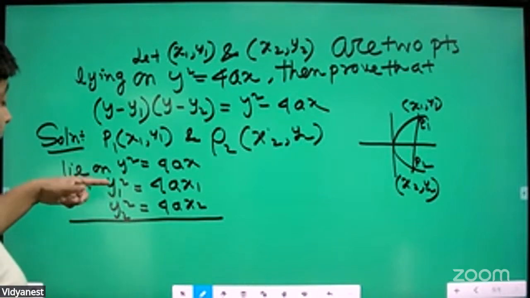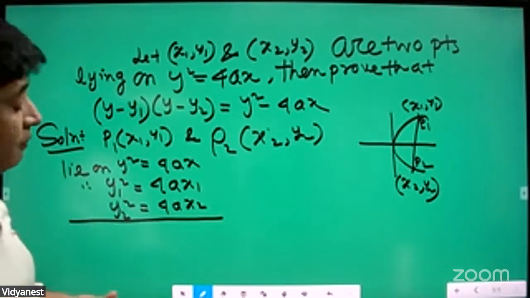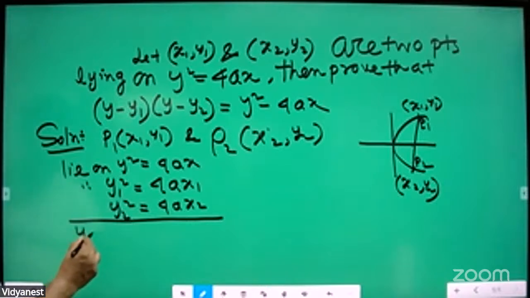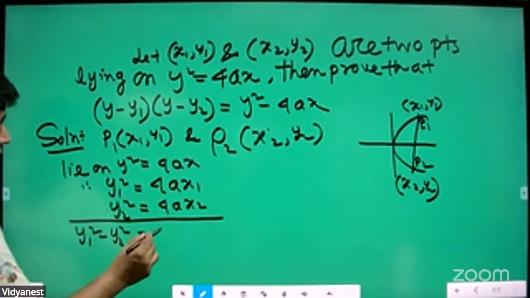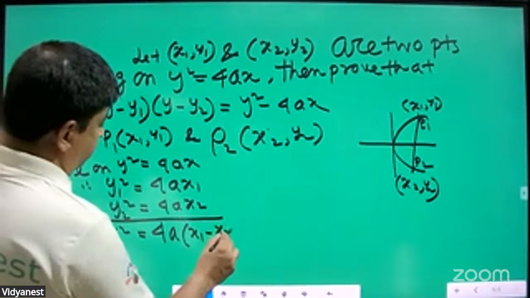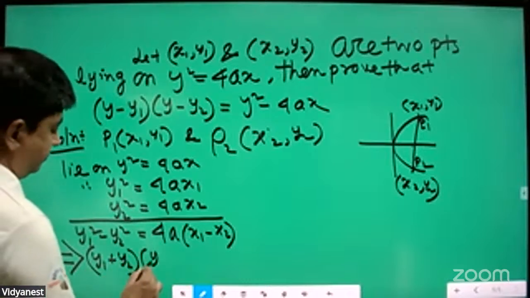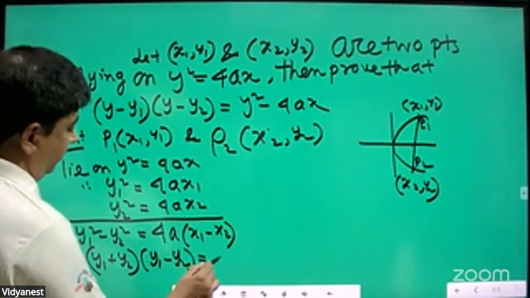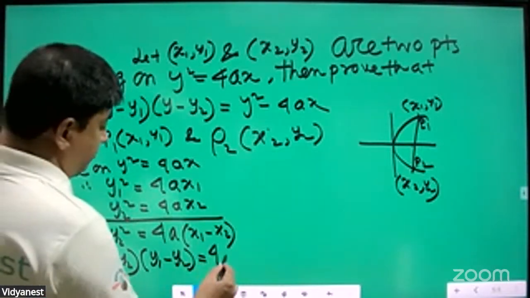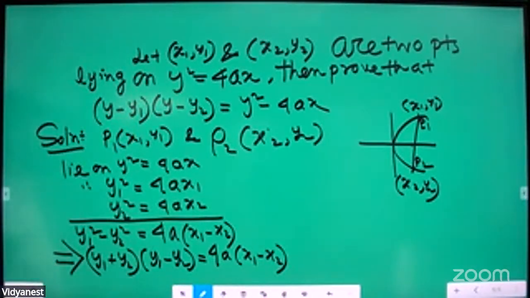Let us subtract. Once you subtract, what formula is to be remembered? A squared minus b squared formula. So a squared minus b squared means a plus b, a minus b, and on the right hand side, x1 minus x2.